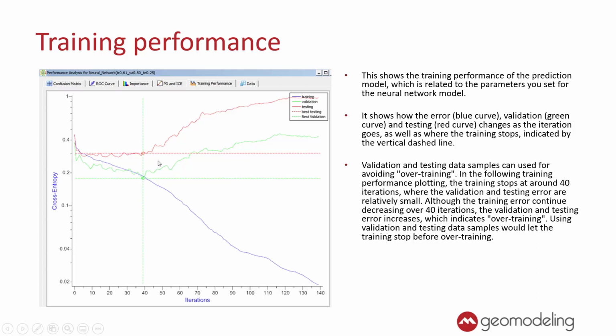Although the training error continues decreasing over 40 iterations, the validation and testing error increase, which indicates overtraining. Using validation and testing data samples lets the training stop before overtraining.